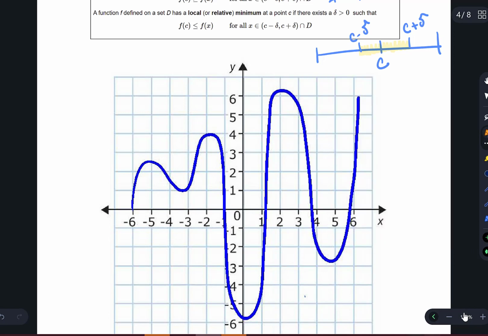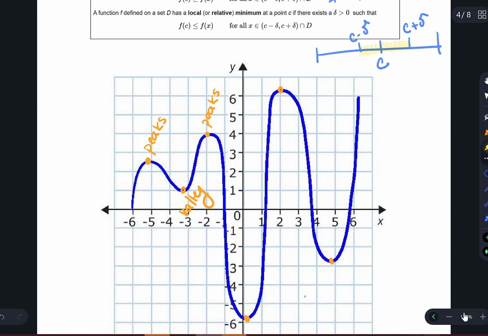All right, so I've drawn a function here, and notice that this function has different what we would call peaks and valleys. So these are all peaks. And then everywhere it dips down, we could call a valley. Each of these peaks is a local maximum.